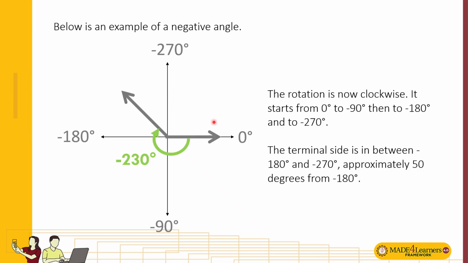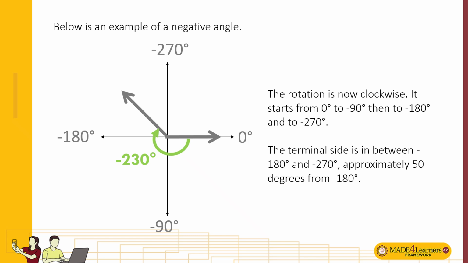So this is its counterpart. 130 degrees is a coterminal angle of negative 230 degrees. This is 180 plus 50, because earlier this was 40, meaning this is 50 degrees. So it's 230 degrees, but since the rotation is clockwise, we put a negative sign.